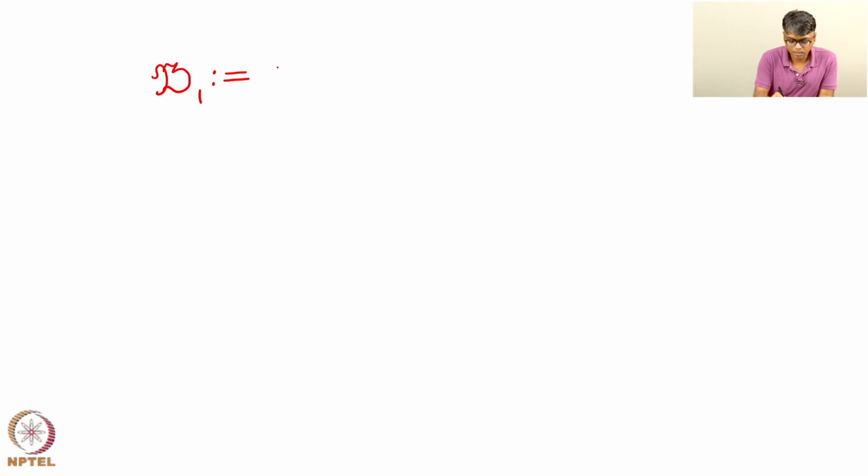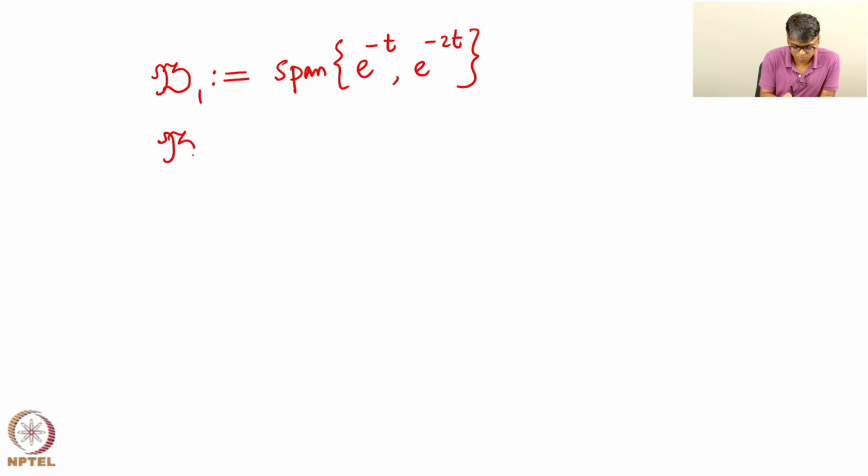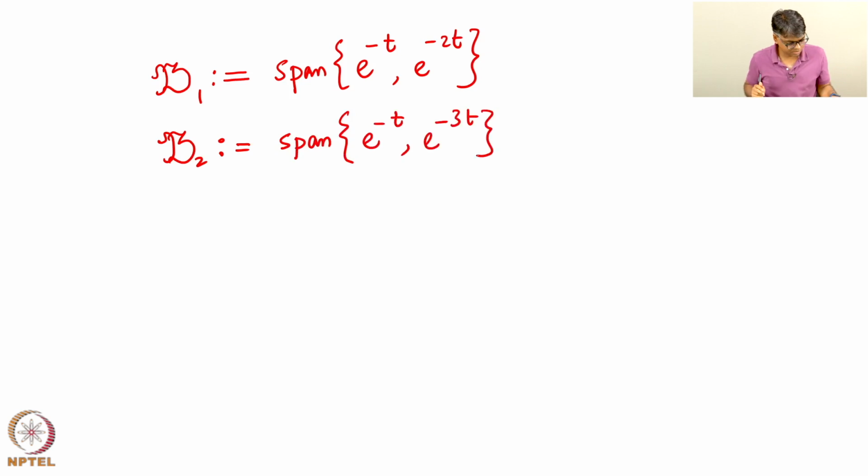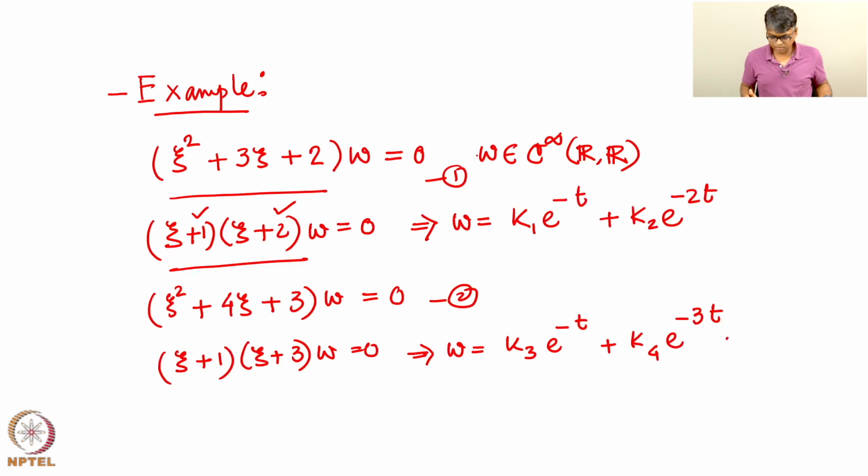It will become, you will eventually get used to it. B1 is nothing but the linear span of these two functions, e to the power minus t, e to the power minus 2t. On the other hand, B2 is the linear span of e to the power minus t and e to the power minus 3t, if I am not mistaken. Let me just check whether everything is correct.